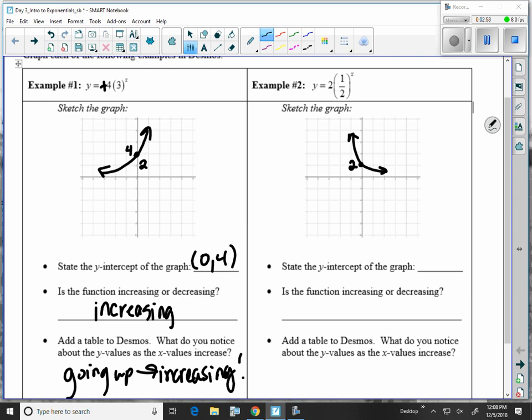So our y-intercept is (0, 2). Is our function increasing or decreasing from left to right? Decreasing. It's going down.